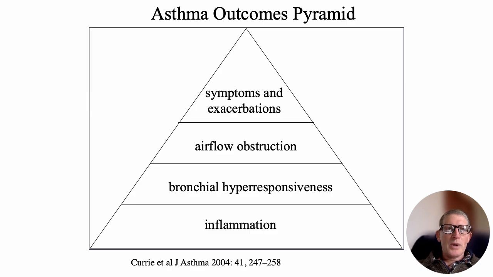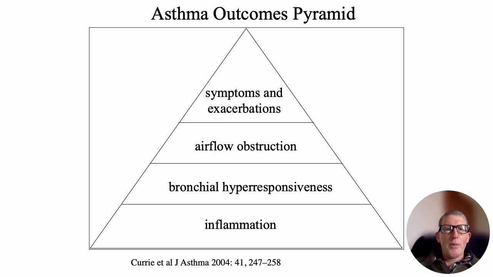The asthma outcomes pyramid is related to underlying type 2 inflammation. At the top of the pyramid, we have symptoms and exacerbations, which you can elicit just by taking a history. Below that, we have airflow obstruction, which you can measure by spirometry, with a peak flow meter, or using oscillometry, for example.